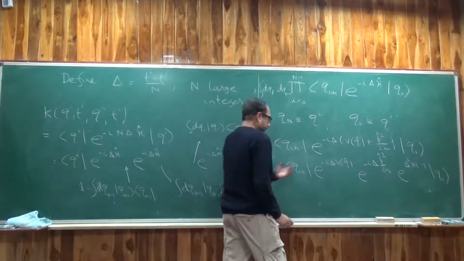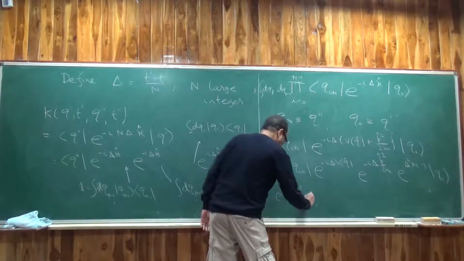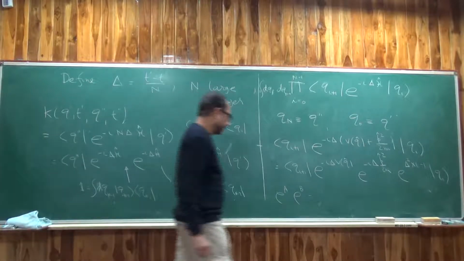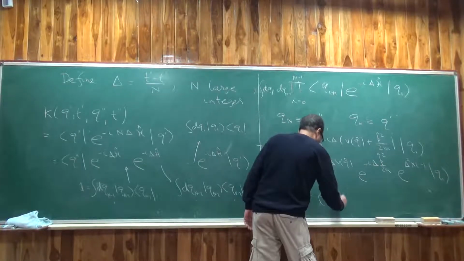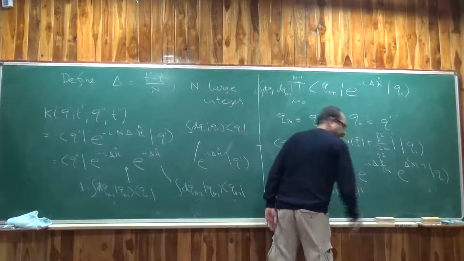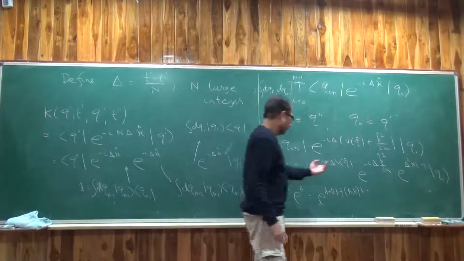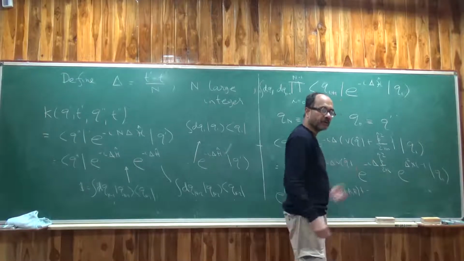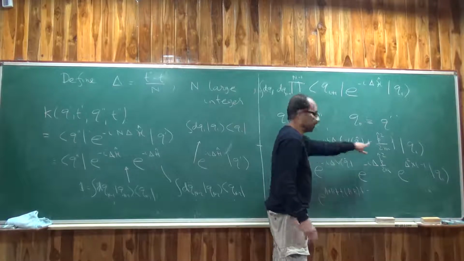See, this is like e to the a times e to the b. You can combine using the Baker-Campbell-Hausdorff formula, and this is e to the power a plus b. But there are corrections. It starts from half the commutator of a and b plus other terms. Now here, because q hat and p hat don't commute, clearly there will be corrections. This times this is not just this.